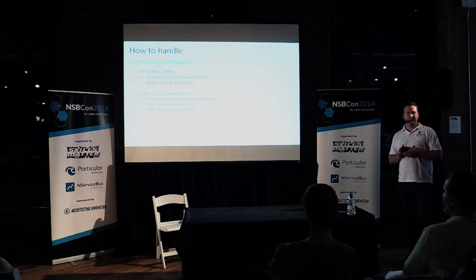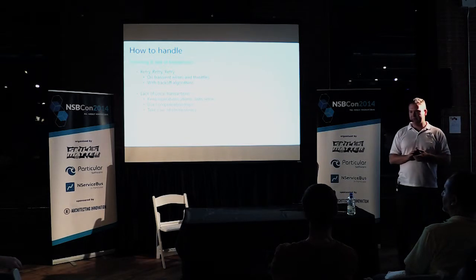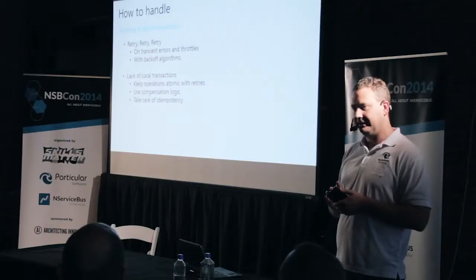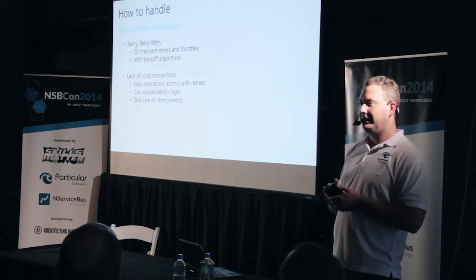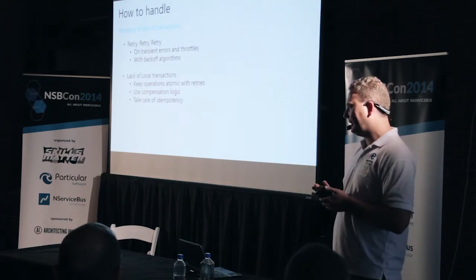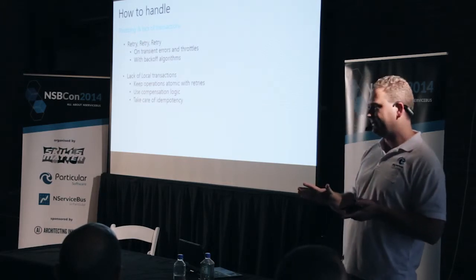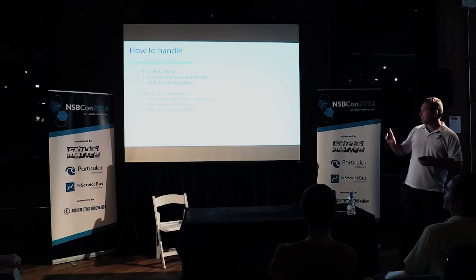So how do you deal with this? Well, in general, the rule is try again, and be very persistent about trying again. Just retry, retry, retry. If that didn't work, back off for a while and then retry again, and hang on. Only if it's really a bad exception do you fail, but typically you don't.